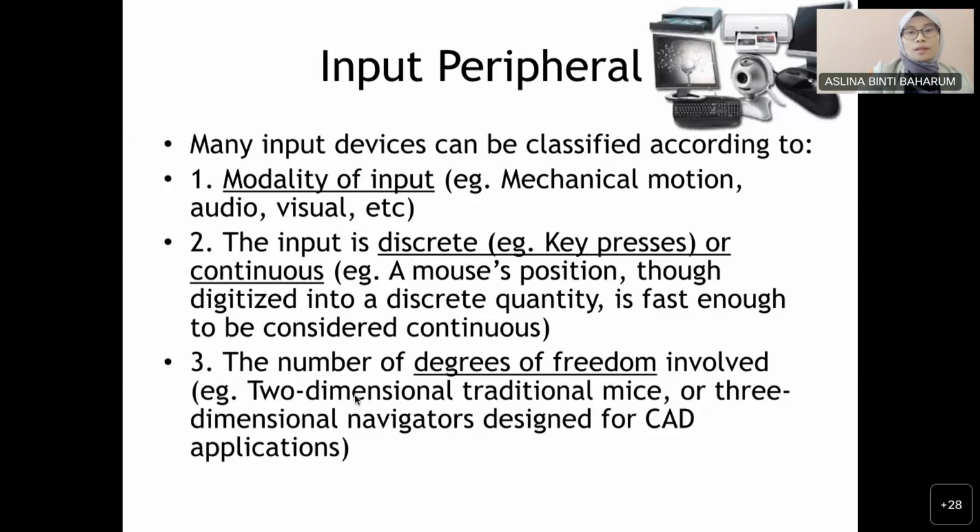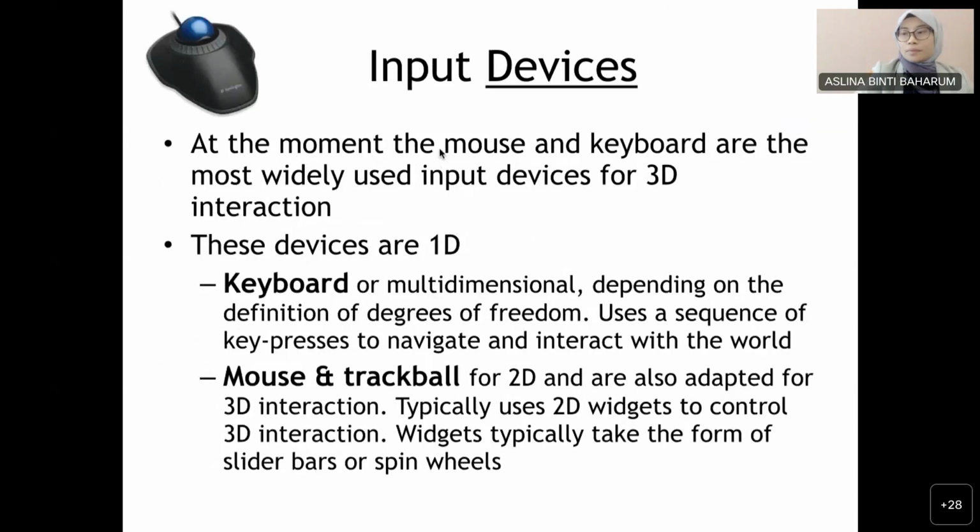So talking about input, we have a lot of devices. At the moment, the mouse and keyboard are the most widely used input devices for 3D interactions. These devices are 1D, like the keyboard, or multi-dimensional, like the mouse or trackball, like a trackpad. So it can be 2D.